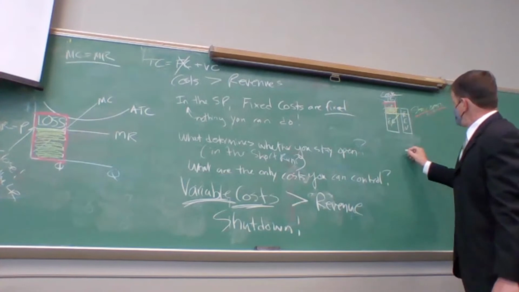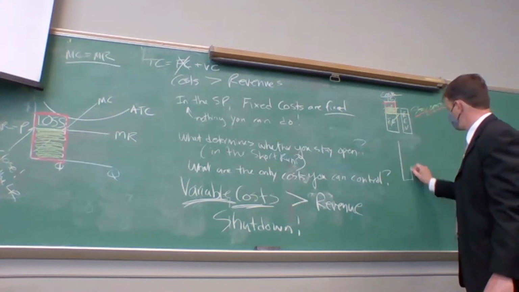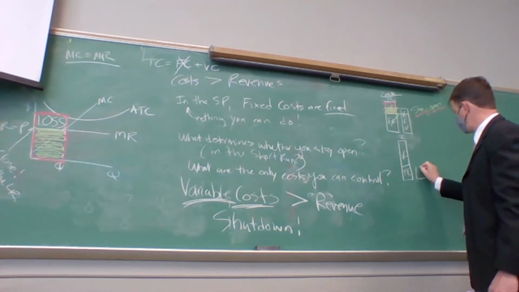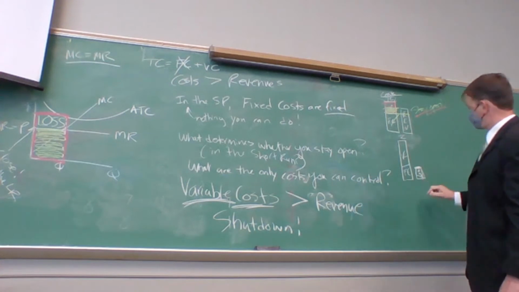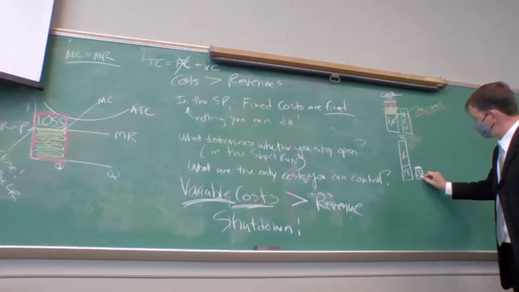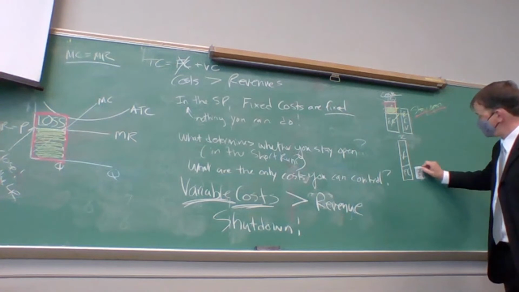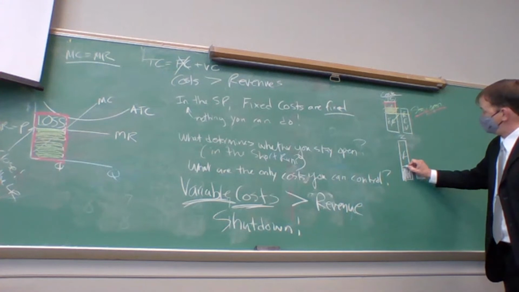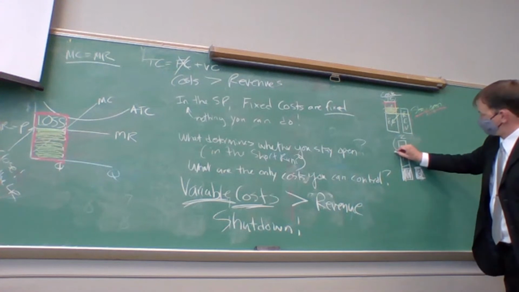Now, if this is my total cost, these are my variable costs, this is my fixed cost, and this is my revenue. First of all, you have a crappy business model, a crappy graphic, but this is my revenue, right? I'm covering that much of my fixed cost. My loss, though, is all of this.